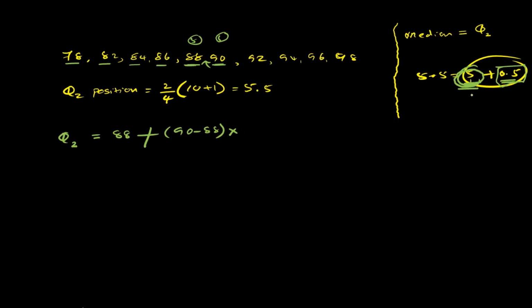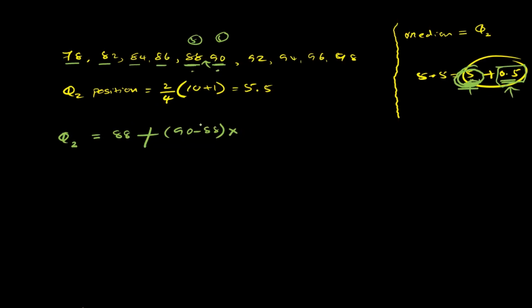So work with this 5 is done. Still, I didn't use this 0.5. How to use it? Take the difference between the number in 6th position and 5th position. The difference, 90 minus 88, is equal to 2.